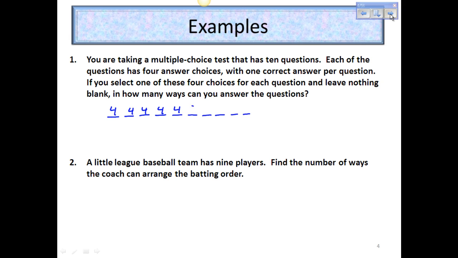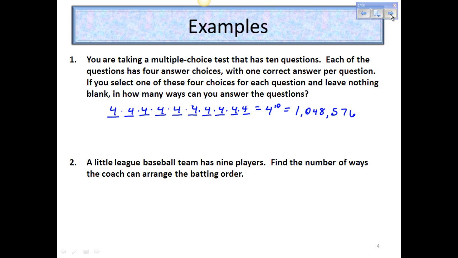So we're multiplying 4 by itself 10 times. And another way to write 4 multiplied by itself 10 times is 4 to the 10th. So using our calculator, we find that 4 to the 10th is 1,048,576.